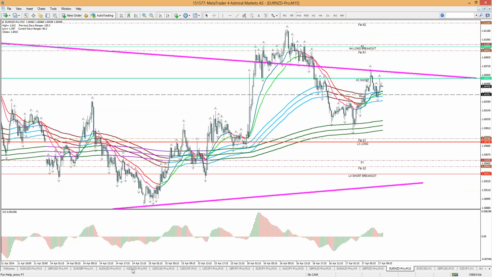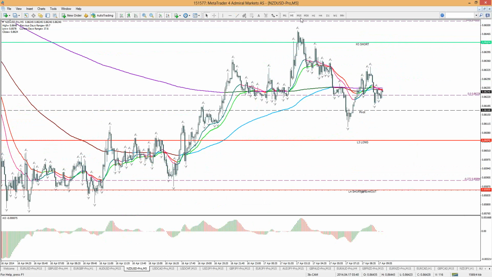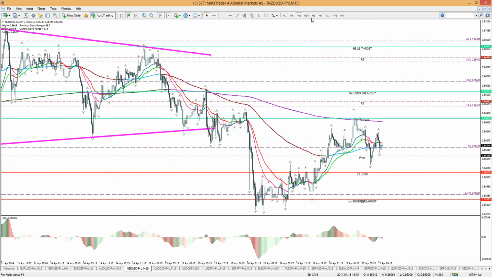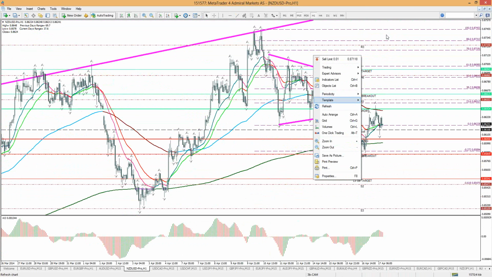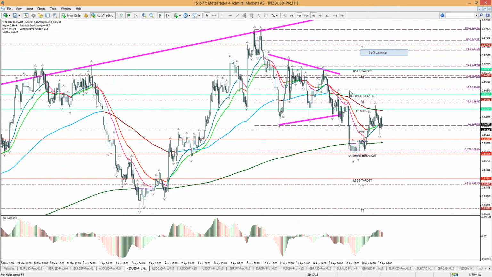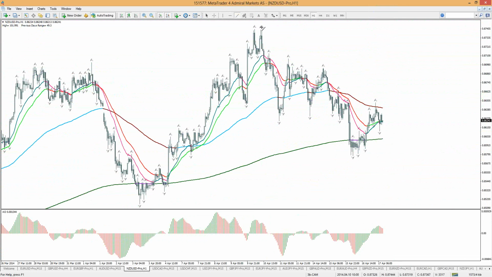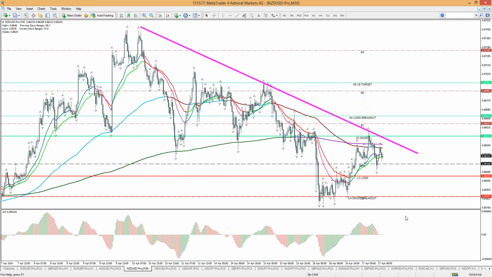Let's take a look at the New Zealand USD. Let's put a trend line like that. That trend line is valid for the New Zealand, just like the AUD USD as well. Let's see, New Zealand USD.